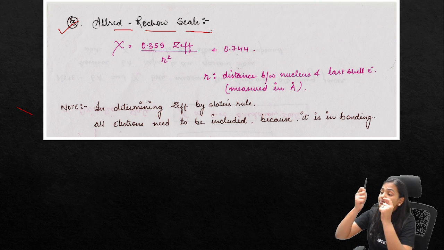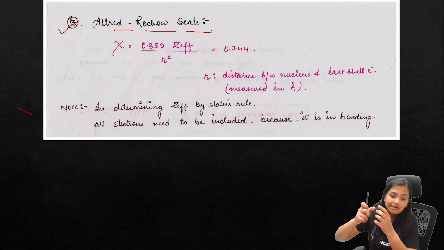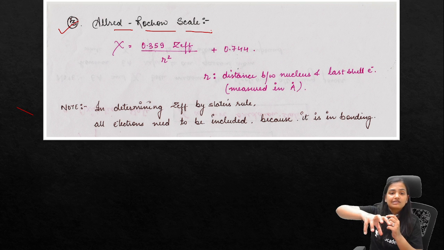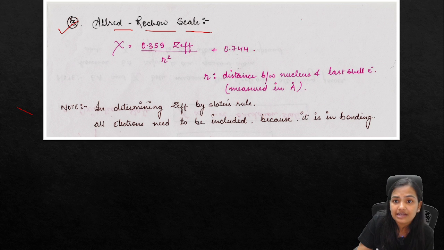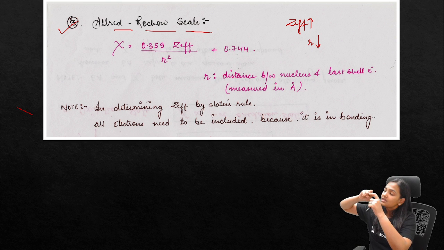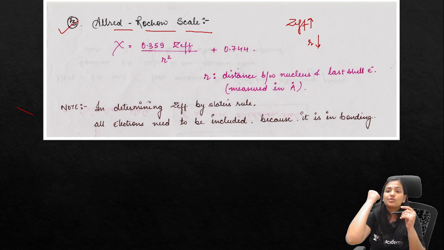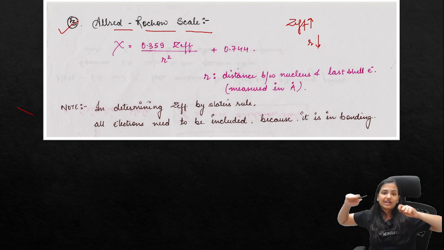Allred-Rochow says that B has more Z effective, more attraction for the last shell electrons. If the Z effective increases, the radius of an atom decreases, and the size shrinks. When the radius of the atom decreases, it becomes more powerful and will pull the shared pair of electrons towards itself.